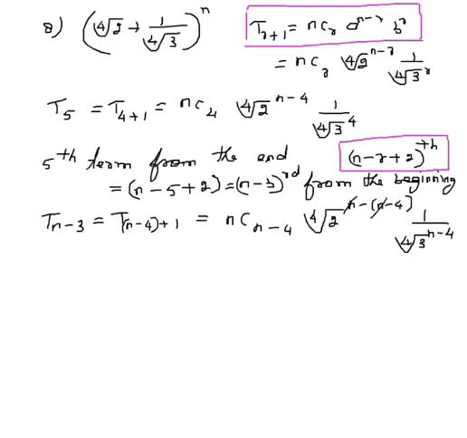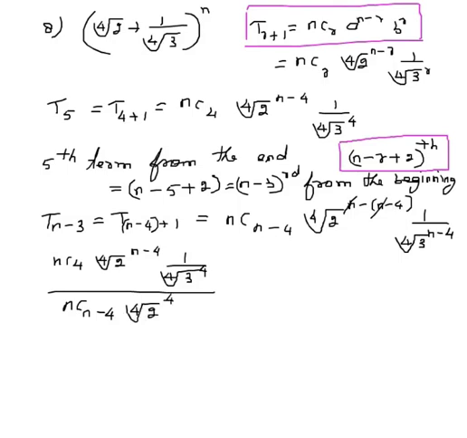Now these two terms are in the ratio root 6 is to 1. So let us write the ratio. nC4 fourth root of 2 power n minus 4, 1 divided by fourth root of 3 power 4 divided by nC n minus 4 fourth root of 2 raised to 4 and 1 divided by fourth root of 3 raised to n minus 4. And this ratio is root 6 divided by 1. nC4 and nC n minus 4 are equal.